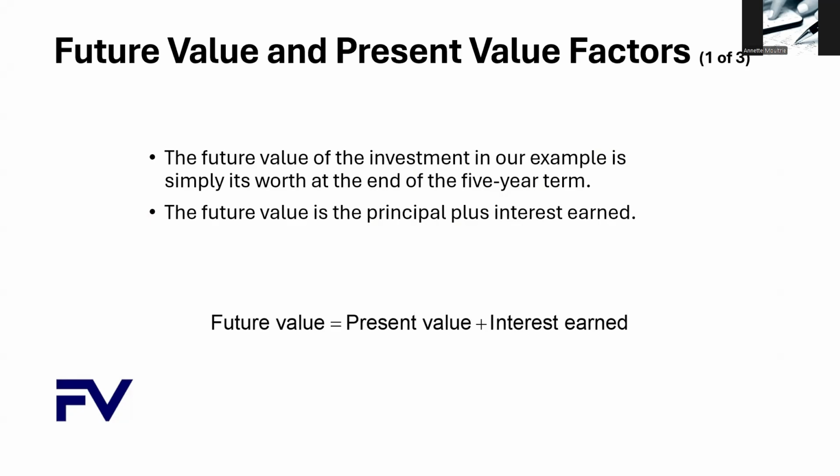We can calculate the future value or the present value of any investment by knowing or assuming information about the three factors that we talked about earlier, which are your principal amount, the number of periods, and of course, the interest rate. Here on the screen, you'll see that the future value formula is future value equals present value plus interest earned.